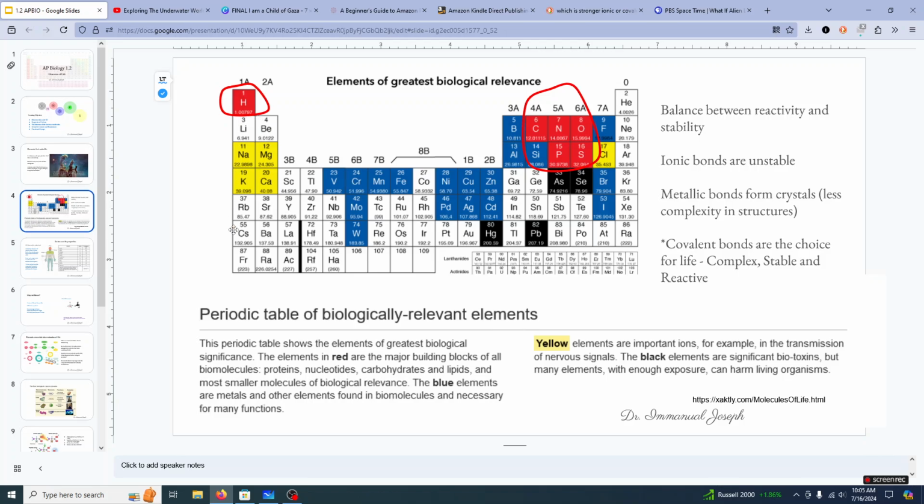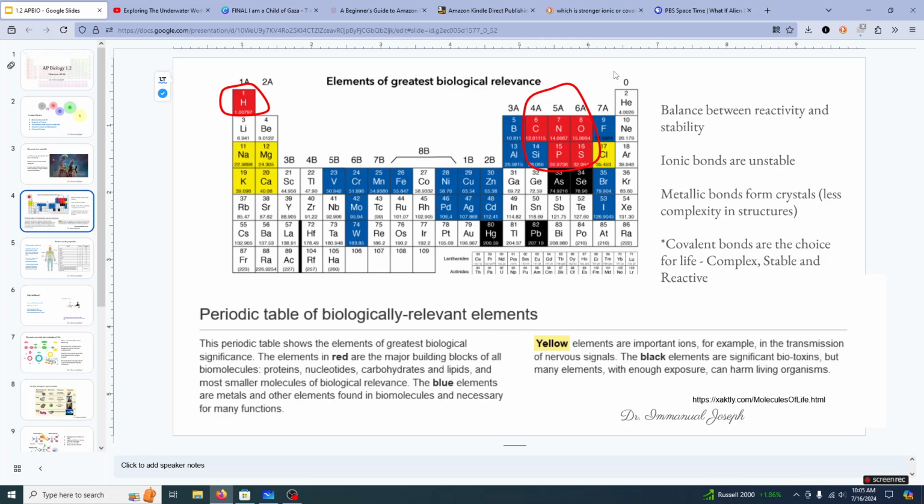You can immediately eliminate those because they can only form ionic bonds. So they are not going to be suitable for life. And the groups from here all the way to here are elements that form metallic bonds. Again, given that metallic bonds form crystal-like structures, we can eliminate them.